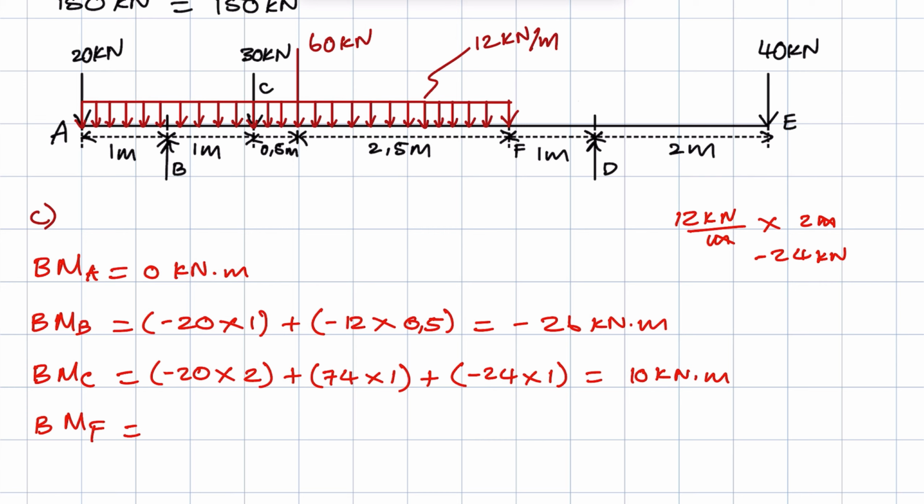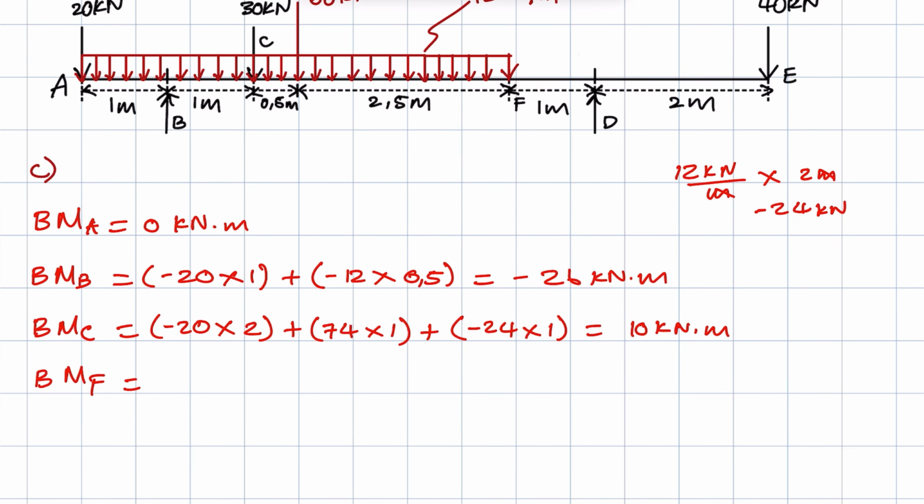So we're going to consider forces on the right of F. Now from the right you have the negative 40, so you have the minus 40 times the distance from the 40 to F, which is 3, plus the reaction at D, which was 76 kilonewtons, right? So 76 is positive because it's going upward, times the distance between the reaction D and F, which is 1.